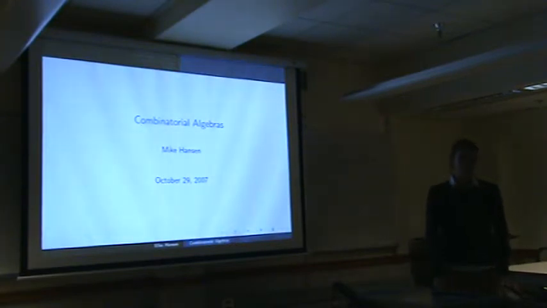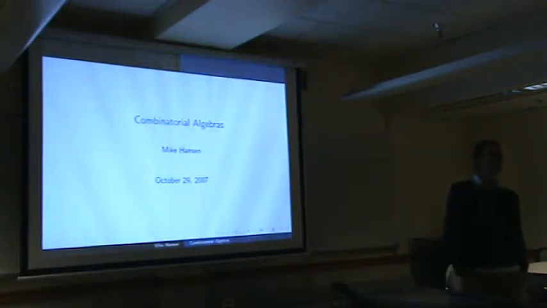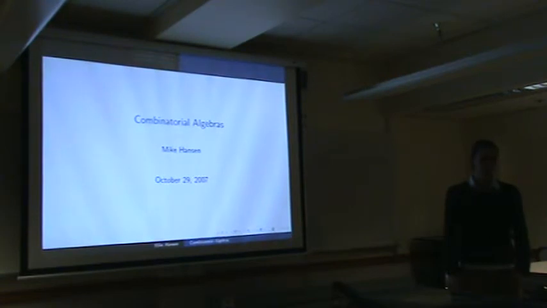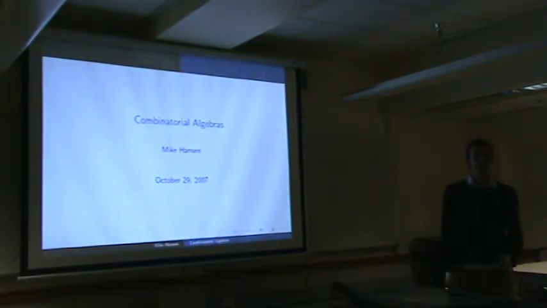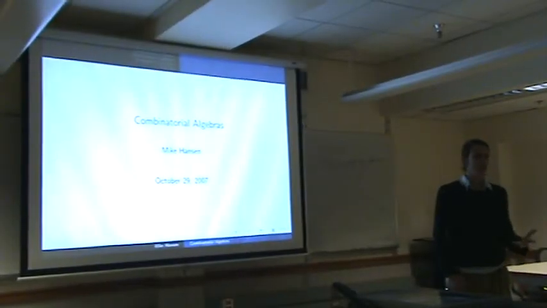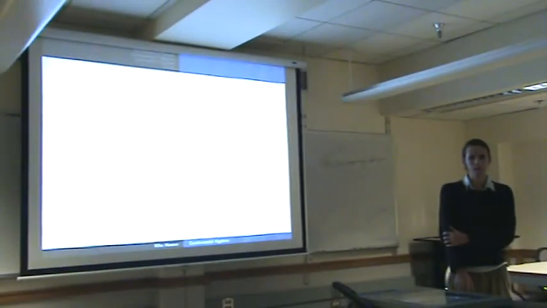Okay, so over the past, maybe about 7 months or so, ever since Sage Days 3 that was held at IPAM at UCLA, I've been working on doing combinatorics in Sage. Originally, most of the combinatorics in Sage was done by David Joyner, and it primarily just wrapped functionality found in GAP.